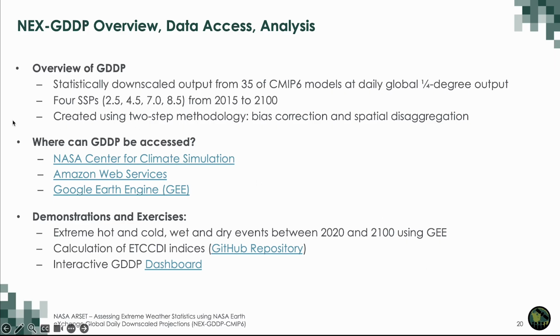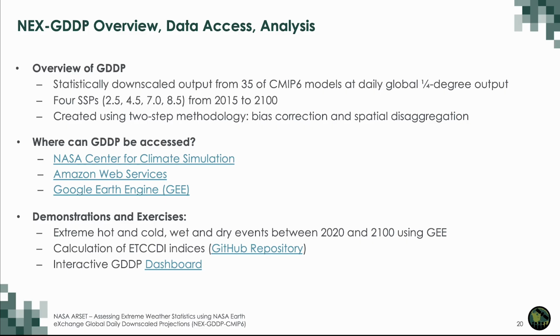Also, we saw that there are 9 variables available at the surface, including minimum, maximum, and average temperatures, precipitation, relative and specific humidity, shortwave and longwave radiation, and wind speed.